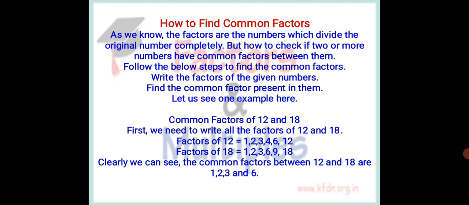And the highest common factor among them is 6. So common factors between 12 and 18 are 1, 2, 3 and 6, and the highest among them is 6.